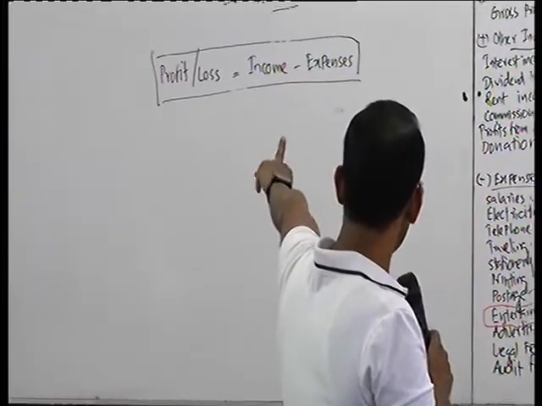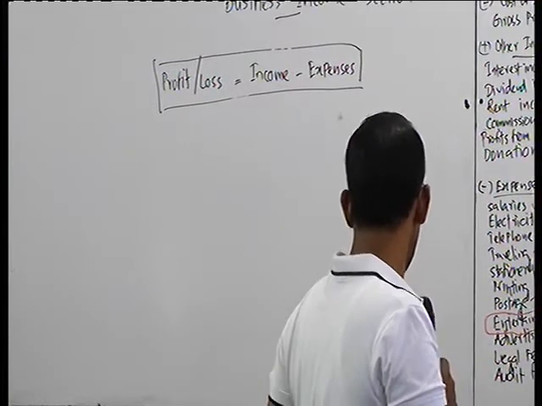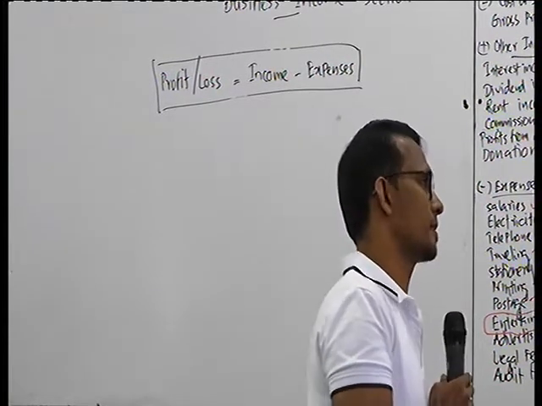You take this formula: profit or loss equals income minus expenses.